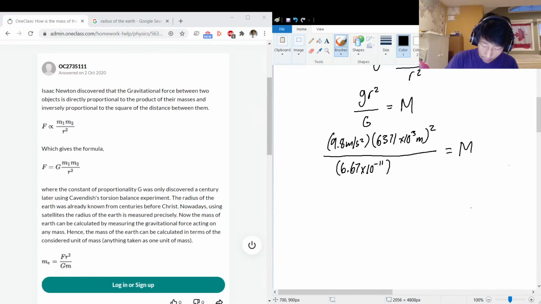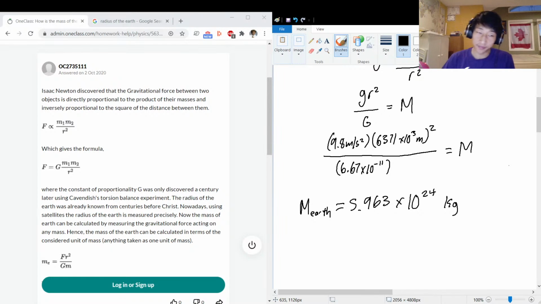We get the mass of the Earth is 5.963, just about that much, times 10 to the 24 kilograms. That's pretty heavy. A lot heavier than I am.